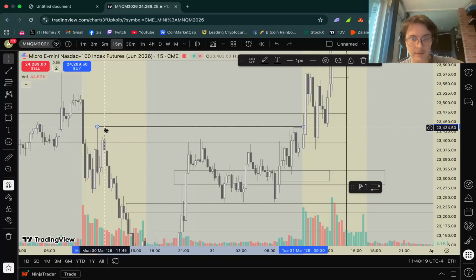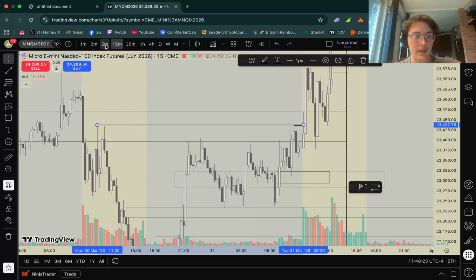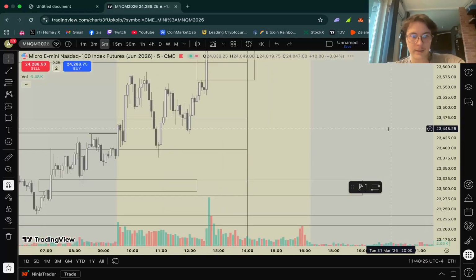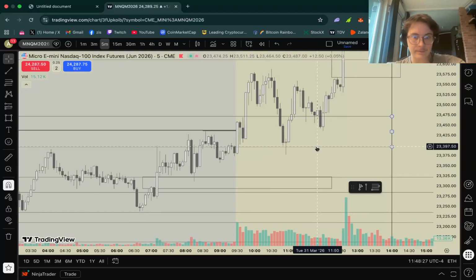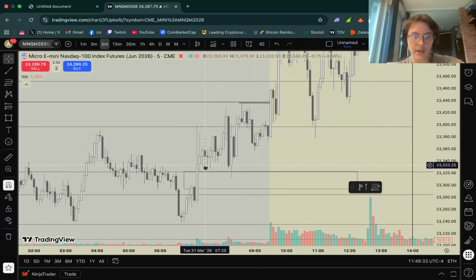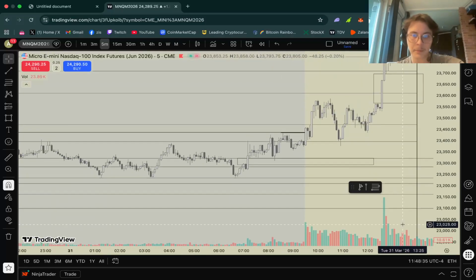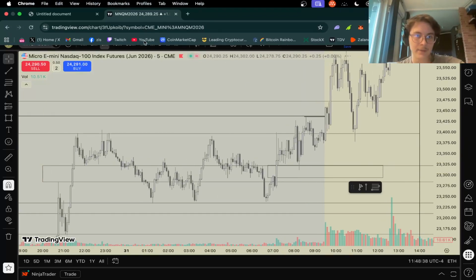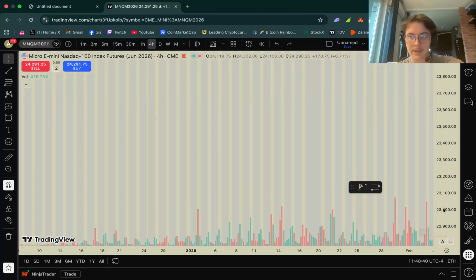Essentially we almost had equal highs here. And then going down to the 5-minute, I was like, okay, what is my plan for today? We are trading at the moment upwards, but I'm looking for a short because we are obviously in a higher time frame bearish.